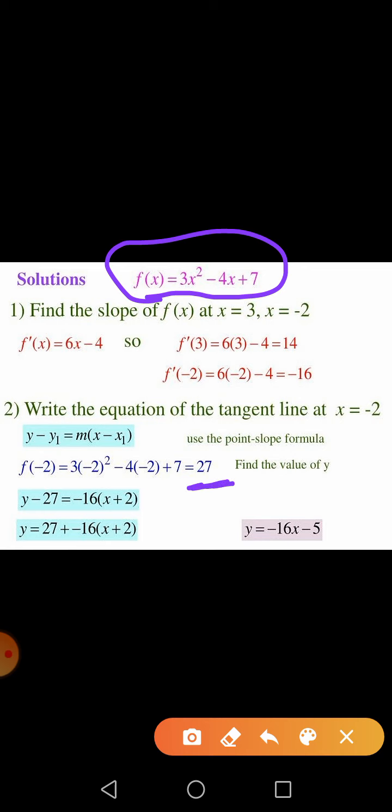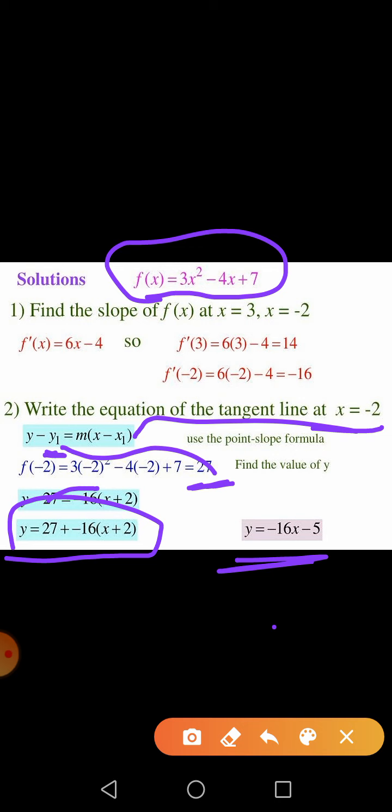Then he will substitute with x1 equal to negative 2, and y1 equal to this value 27, to get y minus 27 equals negative 16, open the bracket x plus 2. Then send negative 27 to the other side to get the equation. After simplifying, it would be like this.